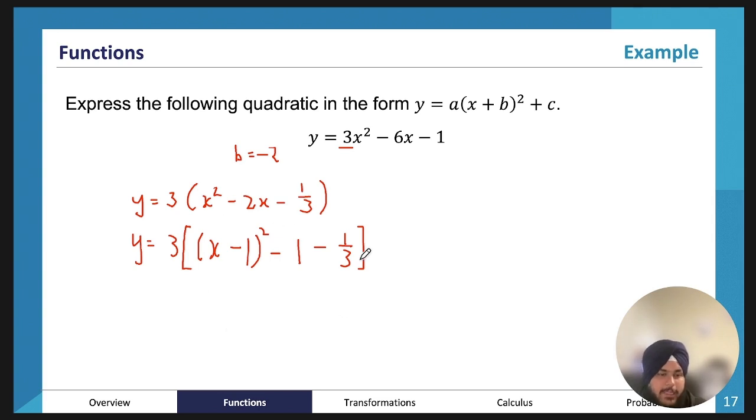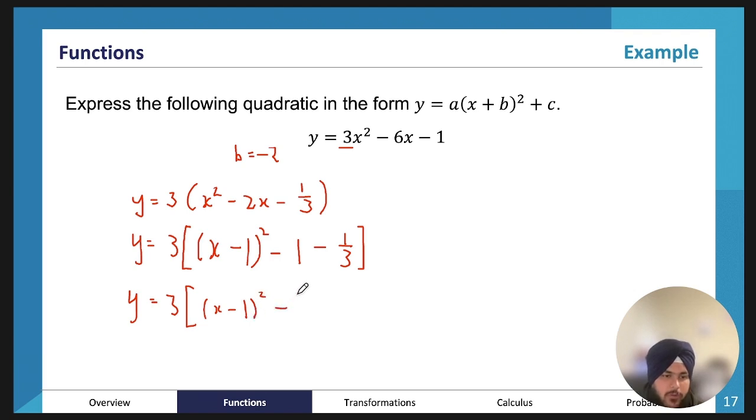So that is essentially how you can put this into the turning point form. And then if you simplify it further, you will get y is equal to 3 times (x minus 1) squared.